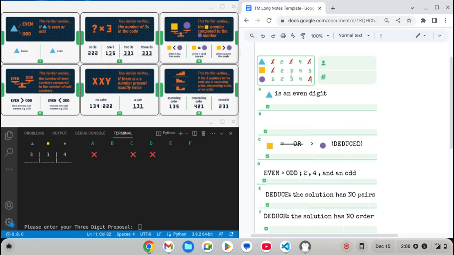Well, again, if there are no 3s, then we have 2 choices. Either there is a 1 or a 5. So it could be 2, 4, 1, if there are no 3s, of course, or 2, 5, 4. So we have 2 possibilities if there are no 3s, and triangle is 2.